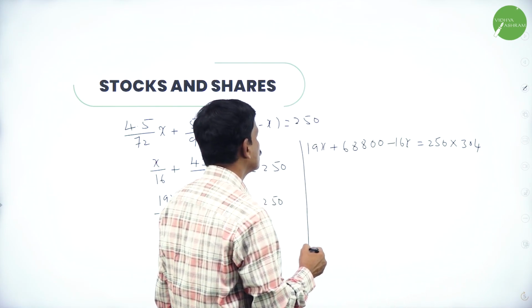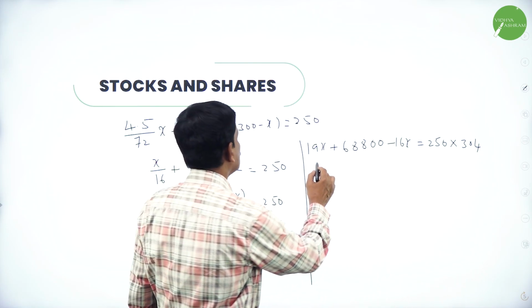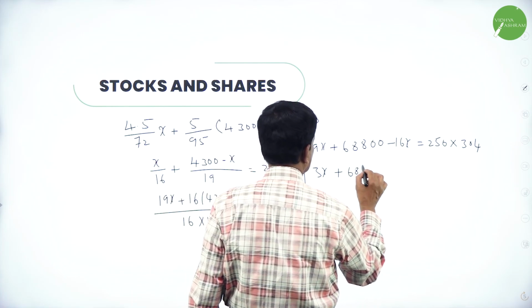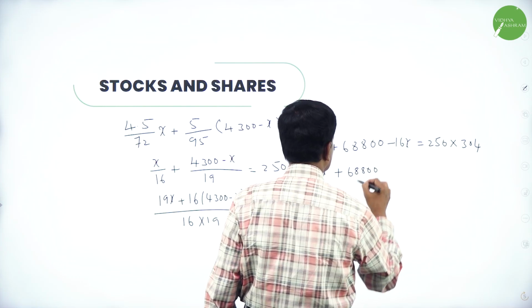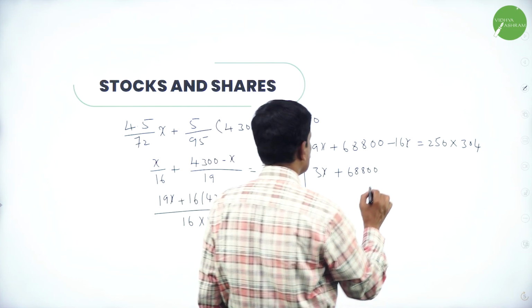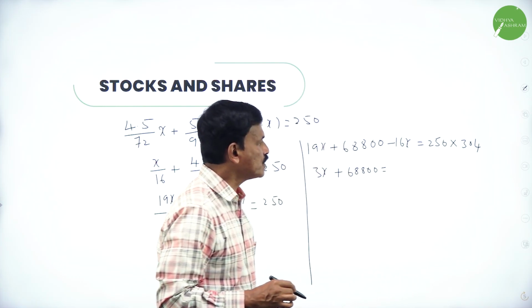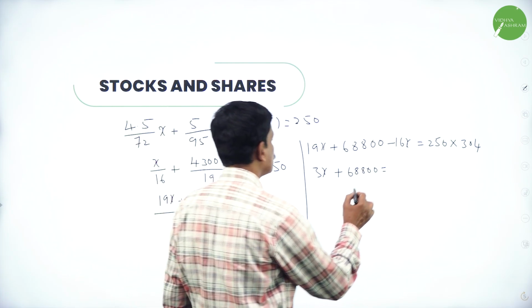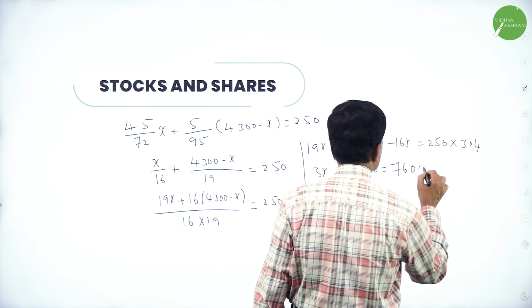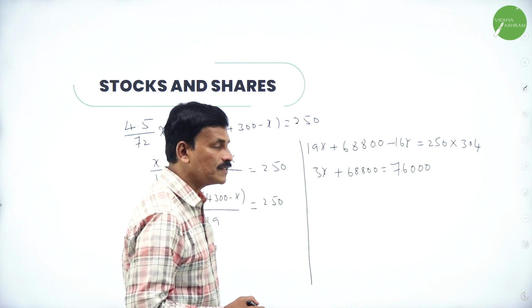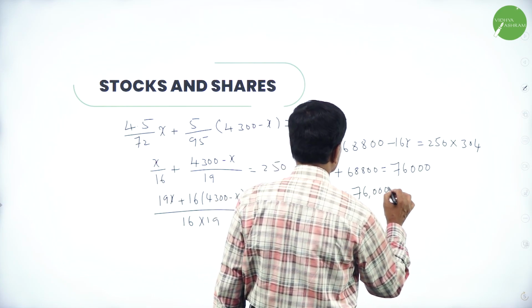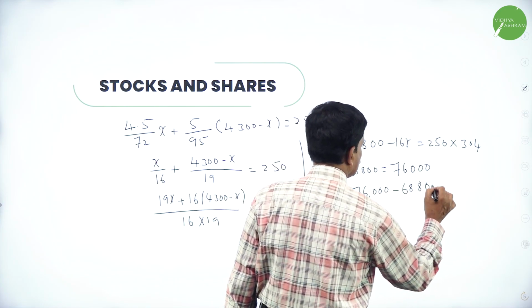Now what is this equal to? Subtract this: 19 minus 16 is 3x plus 68,800 is equal to 250 into 304, that is equal to 76,000. Now simplify: 3x is equal to 76,000 minus 68,800.